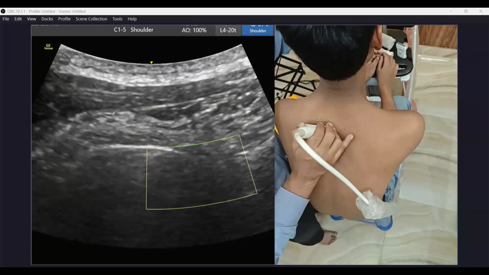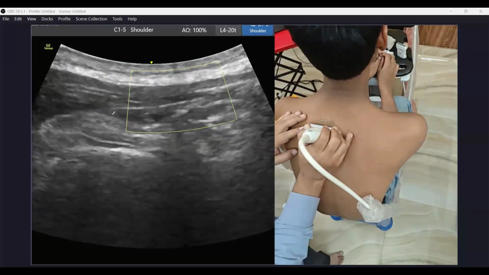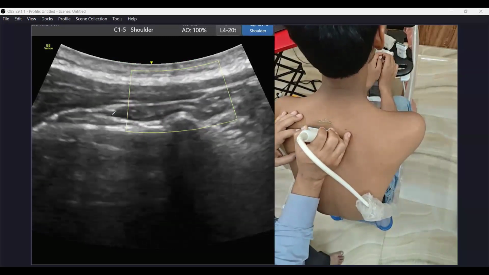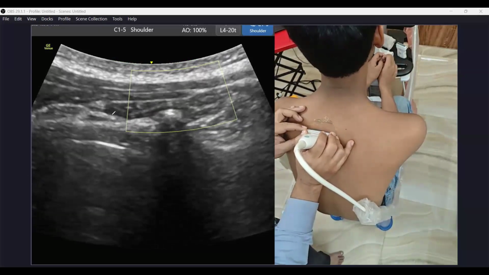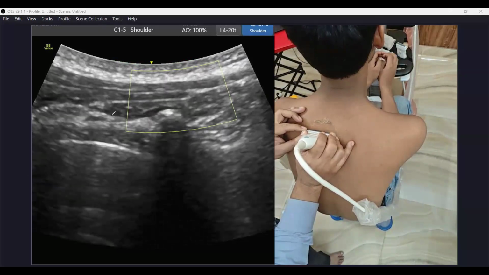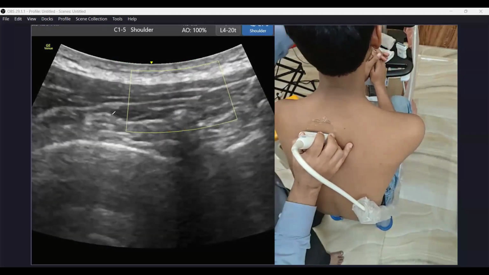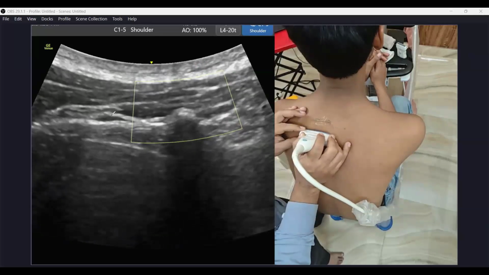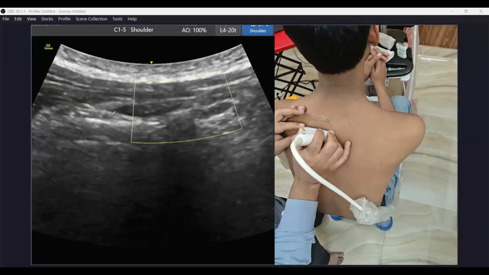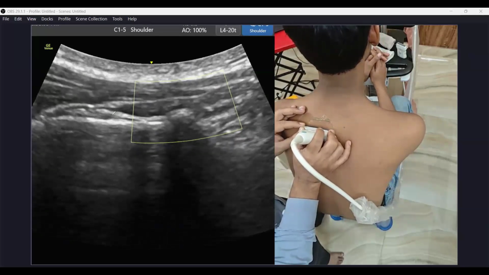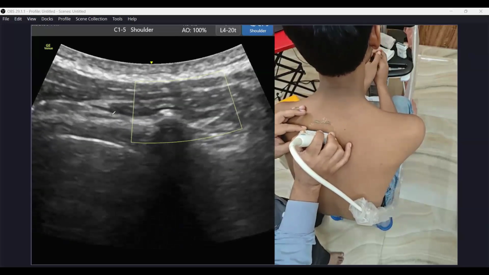Wait, I'm trying to see if there is a vessel. This is the rib and transverse process. Just at the tip of the transverse process sometimes we can see a vessel also. That is the associated vessel with the medial branch, but if we don't find it also, when I have put the probe like this, the rib is on one side and I can see the transverse process.